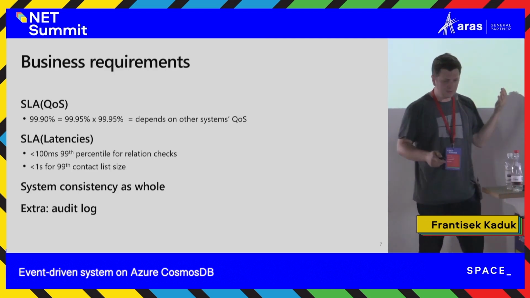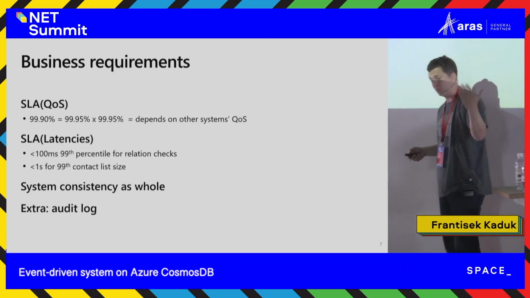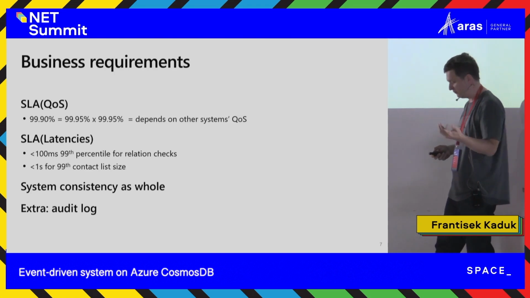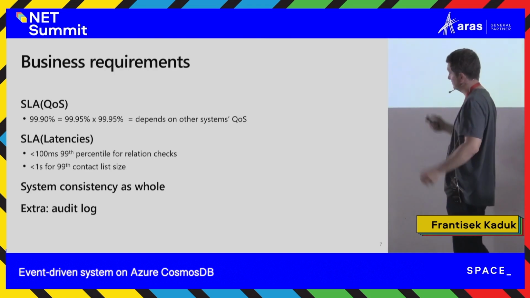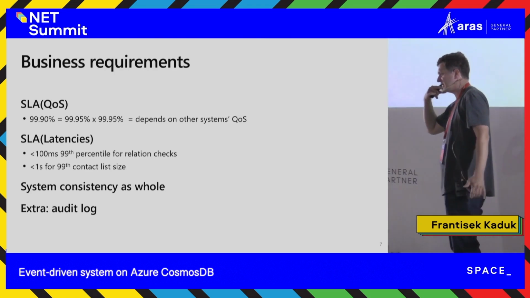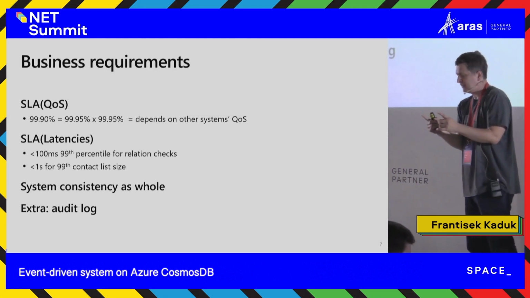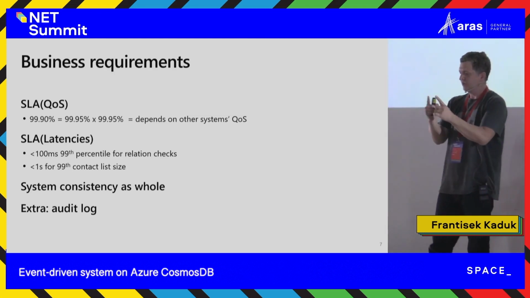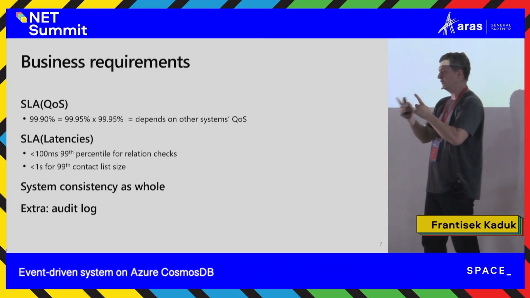Together with the issues with times, latencies were also one of the core requirements, because when you are setting up a call on Skype, we have a limited time to check if you are able to call him, if he didn't block you, and so on.